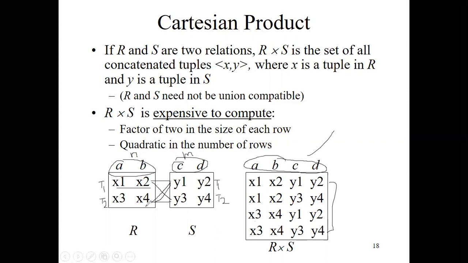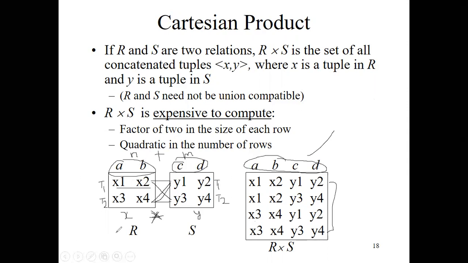And let us say there are x tuples in R and y tuples in S. Then we have x into y tuples in the resultant relation. So 2 into 2, 4. That's why we say cross product is expensive.